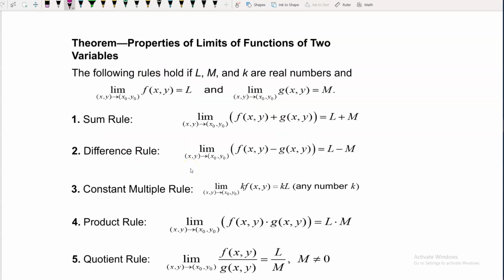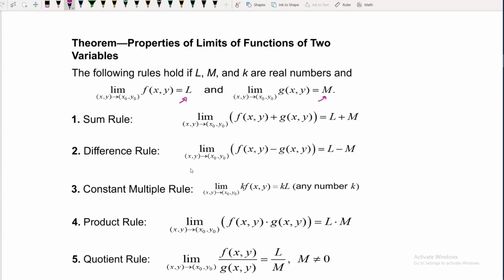Now in this part we have properties of limits of functions of two variables. The following rules hold if L, M, and k are real numbers, and limit as (x, y) approaches (x naught, y naught) of f of x, y is equal to L, and limit as (x, y) approaches (x naught, y naught) of g of x, y is equal to M. Number one, sum rule.